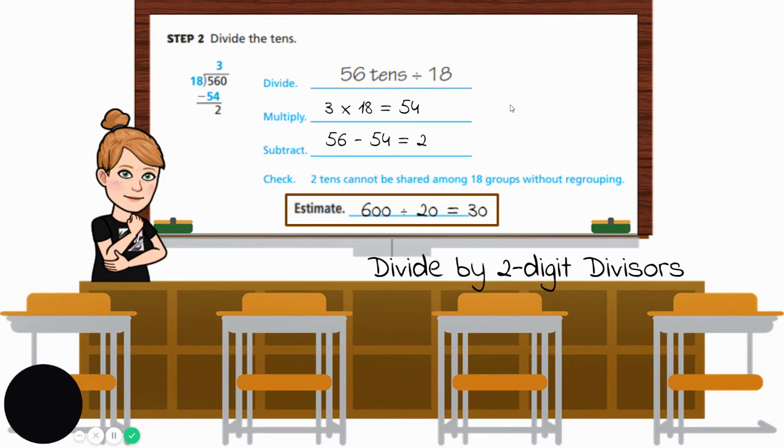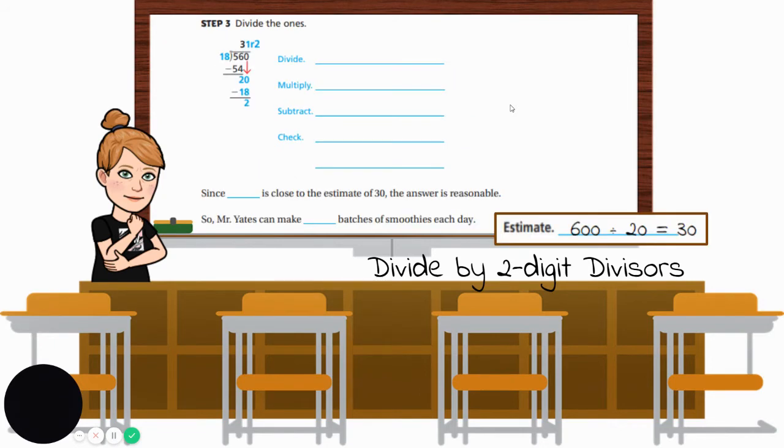So it says, check. 2 tens cannot be shared among 18 groups. So we're going to bring that 0 down. And now we have 20. How many groups of 18 can go into 20, or 20 divided by 18? One group of 18 can go into 20.